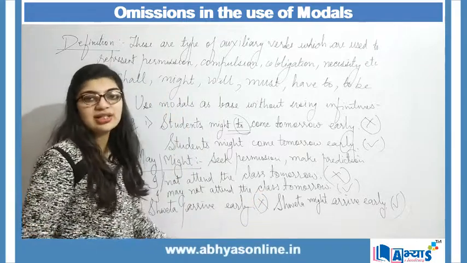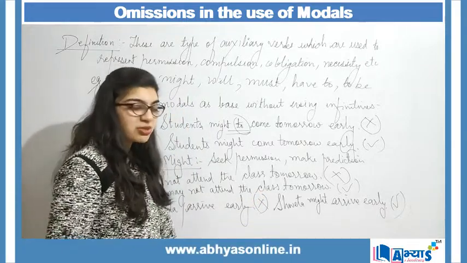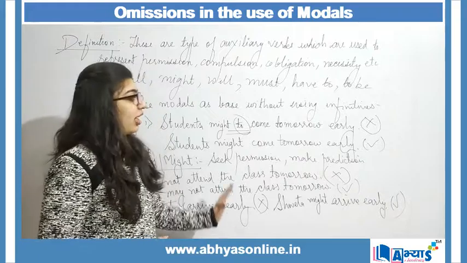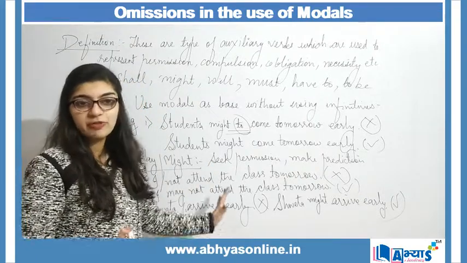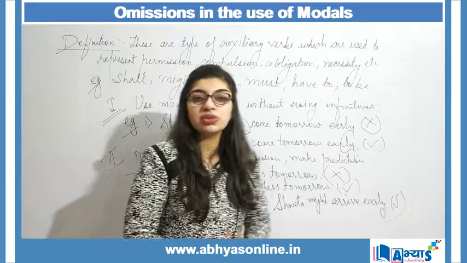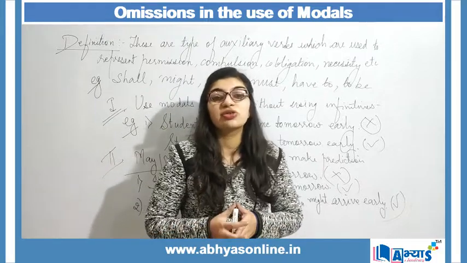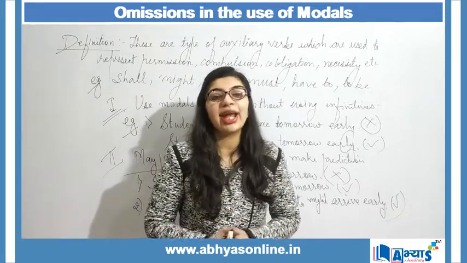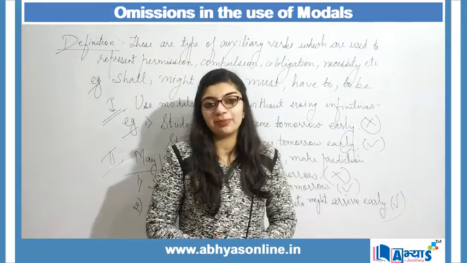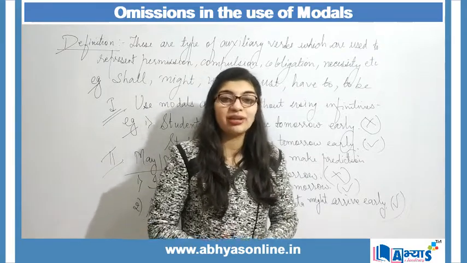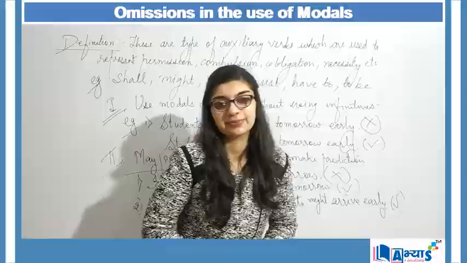So here we are studying all the mistakes which people make, but along with the rules, if the students go with the rules, there is no chance that any error or any omission can occur in a sentence.